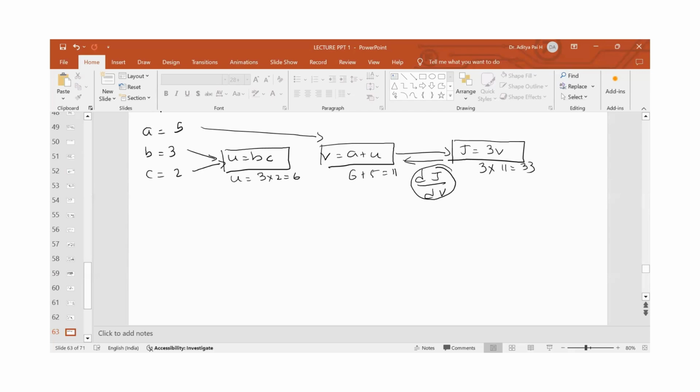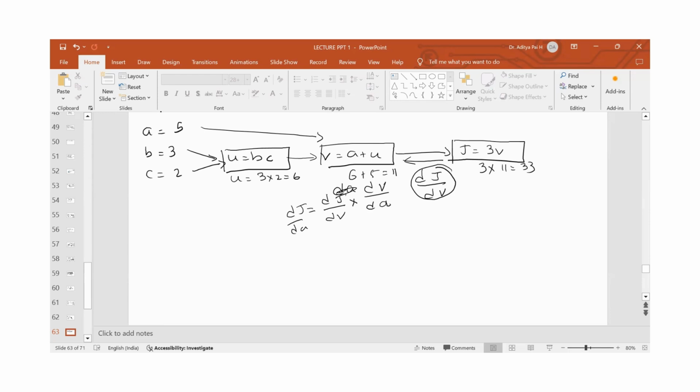Then I'll be changing the value of A with respect to V. This is calculated by dJ by dV into dV by dA, which is nothing but dJ by dA.